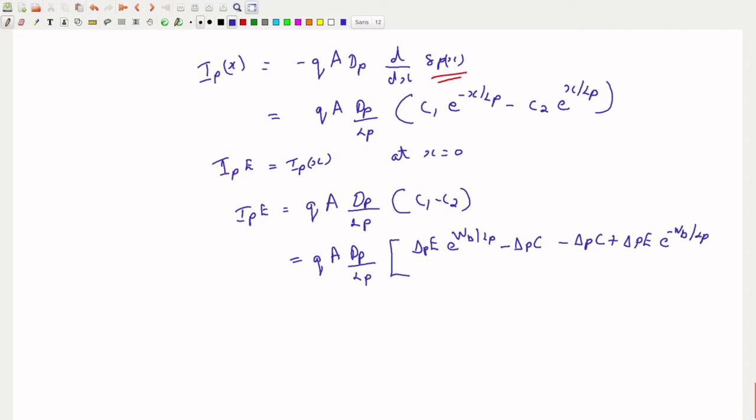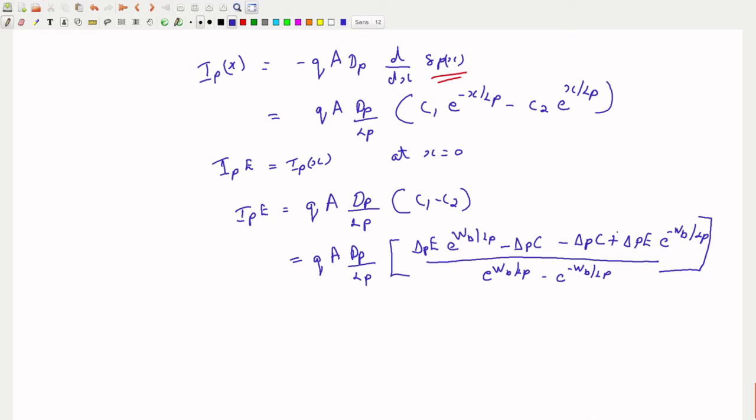Sorry, this is the substitution from the previous equation that we had found for C1 and C2, and the denominator is e raised to WB by LP minus e raised to minus WB by LP. This is pure substitution. There is no big deal in that.